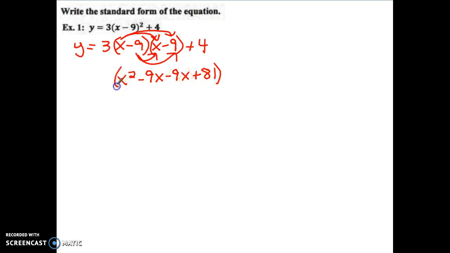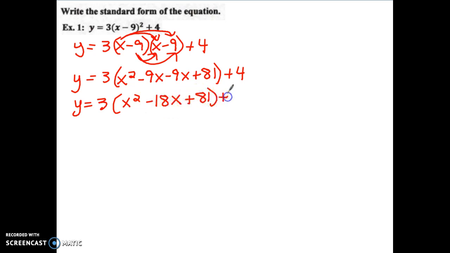Okay, so now we're going to put that in parentheses and we're going to bring everything else down. Now we know we need to simplify by combining our like terms. So we got y equals 3 times x squared. -9x and -9x gives us -18x. And again, I'm just bringing everything down. Now we're ready to move on to our next step, which is distribute a.